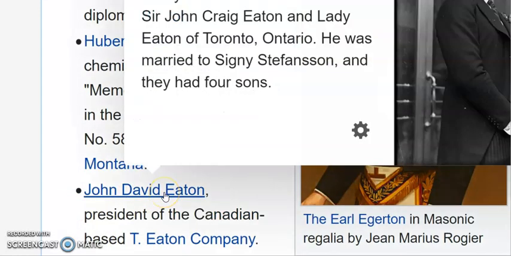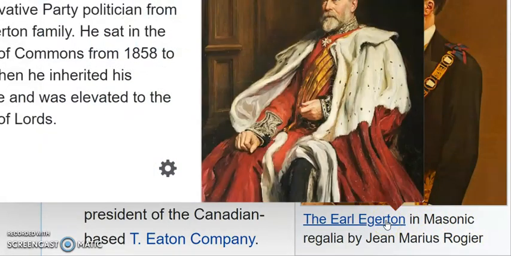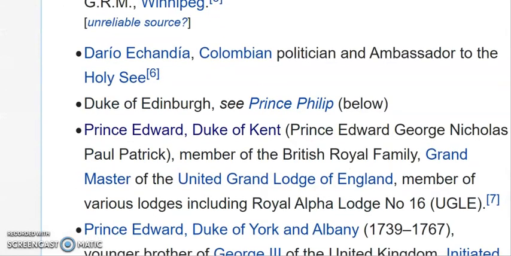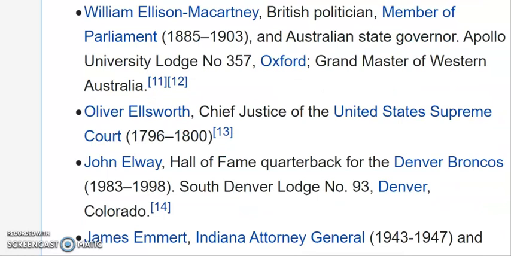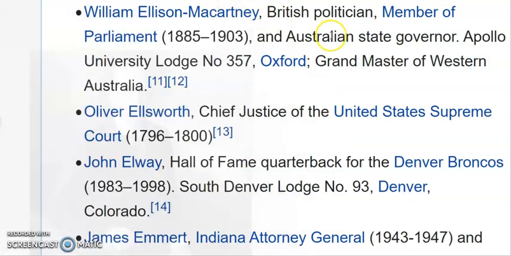Young David Eaton, Earl Egerton. There's McCartney, so obviously got Paul McCartney and all that.